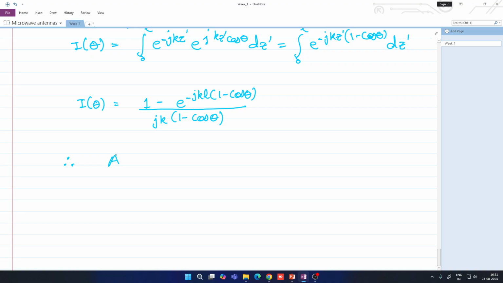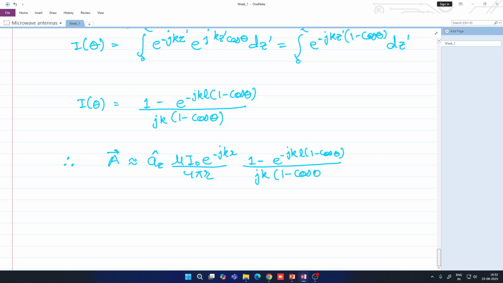Therefore the magnetic vector potential is A z cap into mu I naught e to the power minus jkr by 4 pi r into that I of theta that we calculated, which is 1 minus e to the power minus jkL into (1 minus cos theta) divided by jk into (1 minus cos theta).